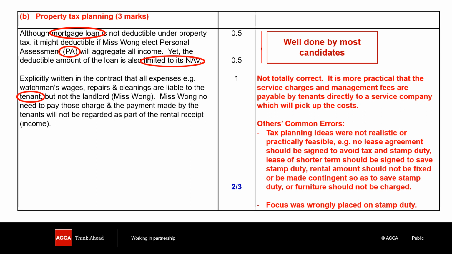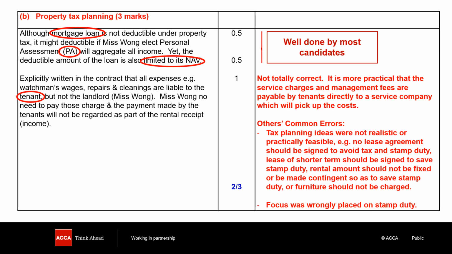Now, this suggestion was not within our marking scheme, but still 1 mark has been awarded to the student because it demonstrates to the marker that at least the student is aware of the problem with the non-rental income and was trying to suggest ways to separate the non-rental income outside the current rental arrangement.